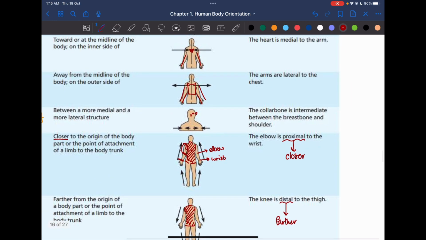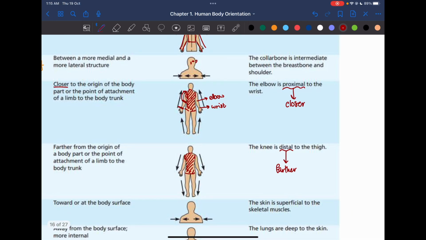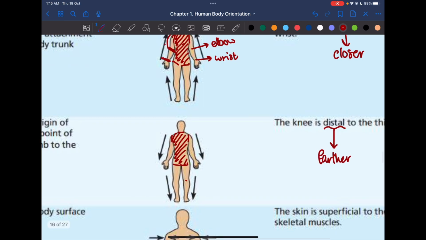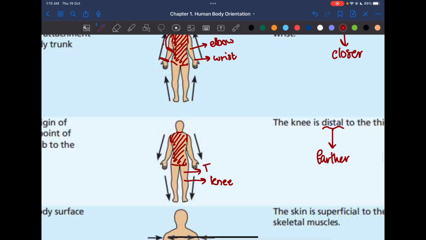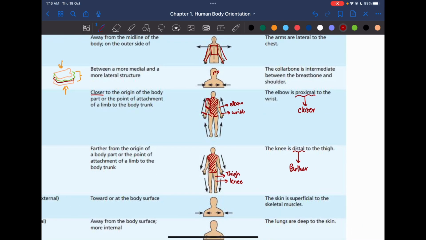So the knee, which is here, is distal to the thigh. The knee is farther from your body trunk than your thigh. The thigh is closer to your body trunk than your knee.